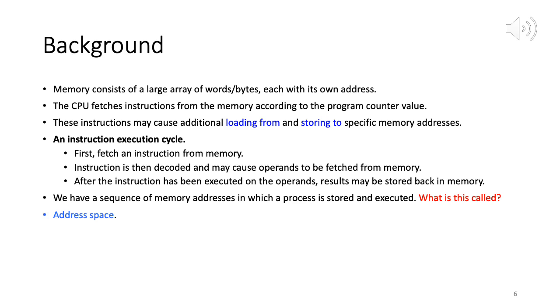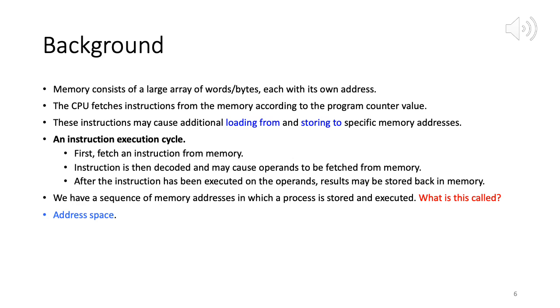We also learned about the interaction between memory and the CPU. Whenever you need to execute some program and its data, that program and its data will be stored somewhere in the memory. The CPU will need to fetch instructions from the memory according to the program counter value.